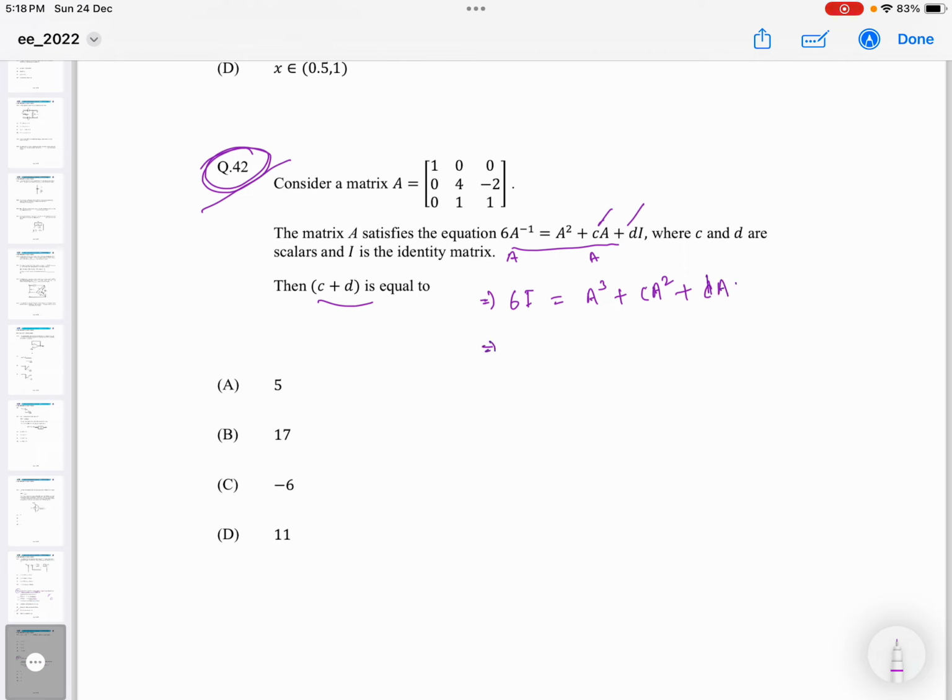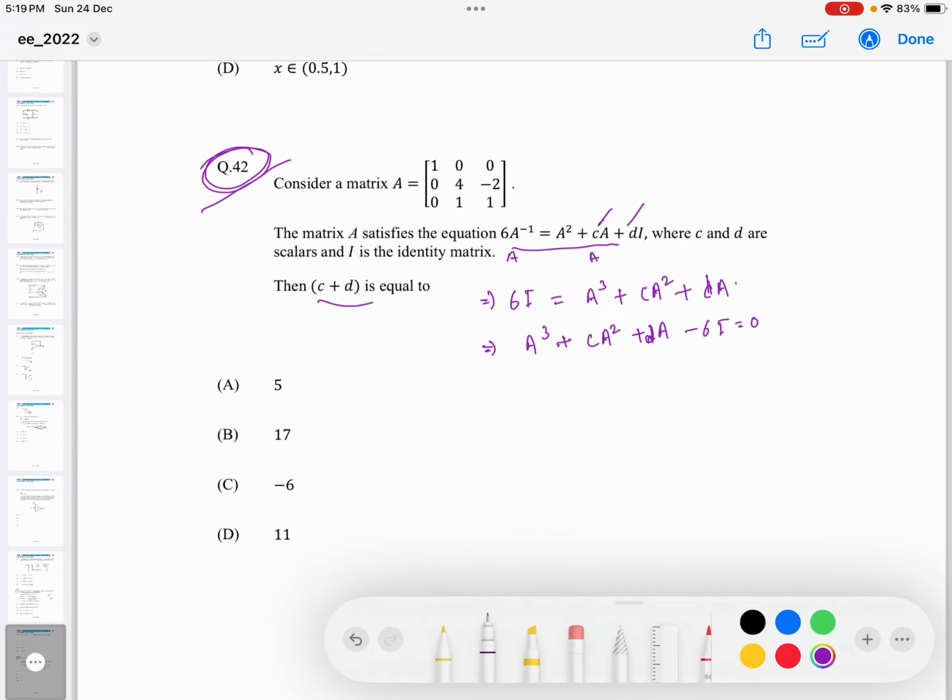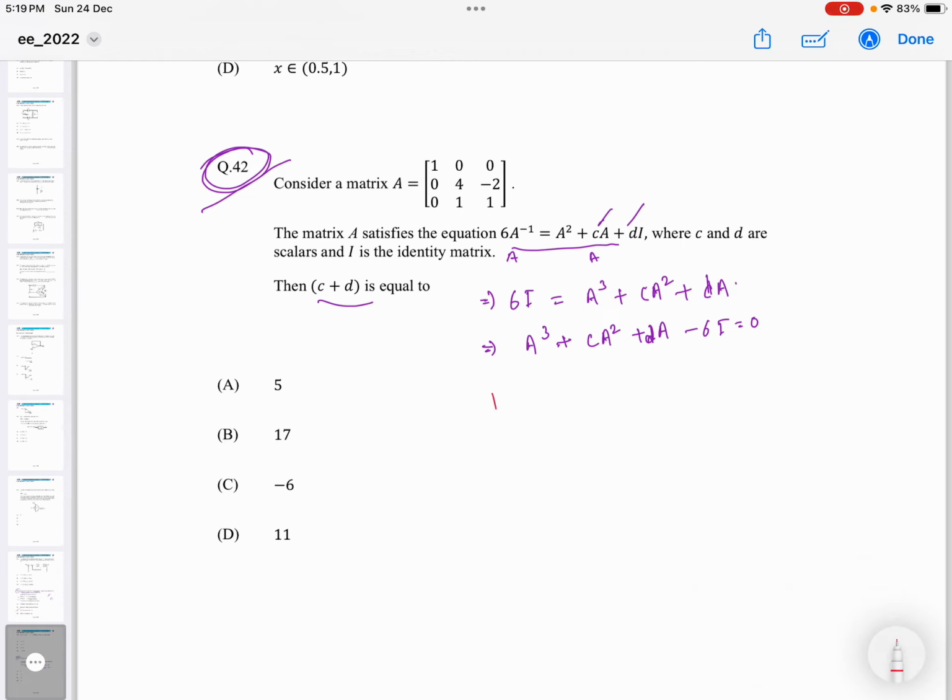Now bring everything to one side: A cubed plus CA squared plus DA minus 6I is equal to 0. Suppose this matrix has eigenvalue lambda, then we can write lambda cubed plus C lambda squared plus D lambda minus 6 is equal to 0.